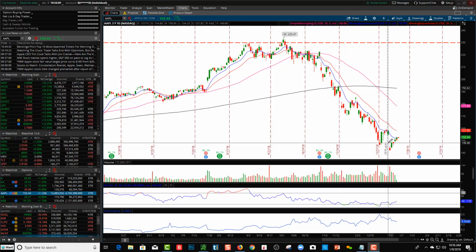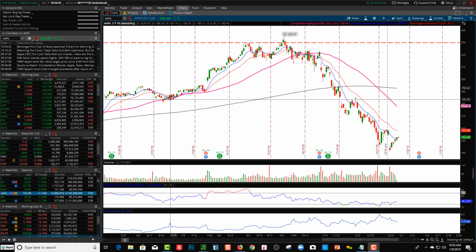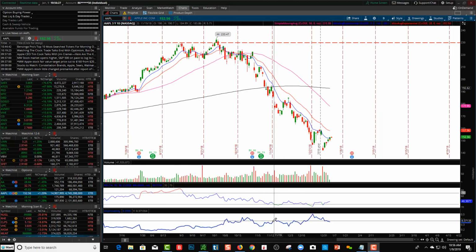So for a stock like Apple to recover, you ideally want to see price get above all these moving average lines. This is a lot of resistance. That might take a long time to happen, right? Whereas Apple was looking really nice back in these areas, it's not so hot now. So that's, again, the battle between the bulls and the bears.